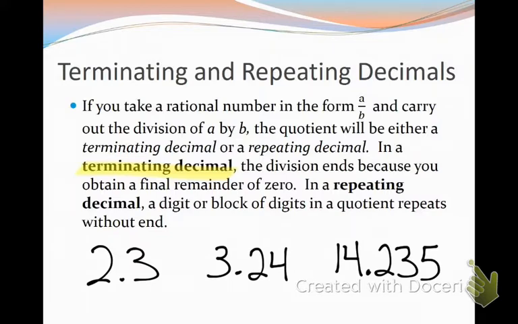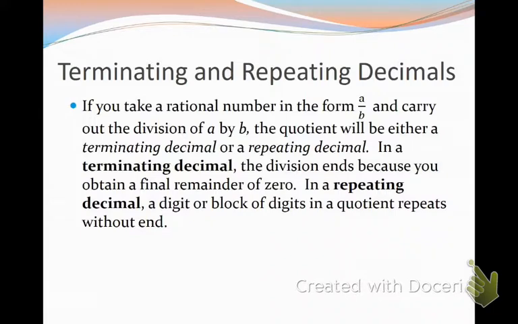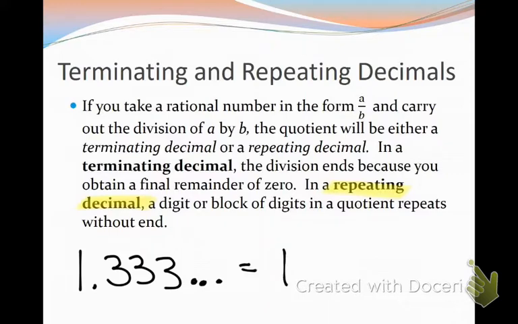A repeating decimal looks like this. It's a digit or a block of digits that repeat without end. 1.333, and it keeps going, I can write this with bar notation. Which number repeated? 3, so I can write a bar over it. 1.3 repeating.